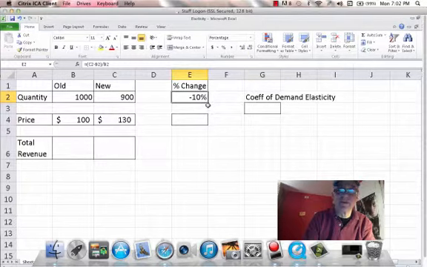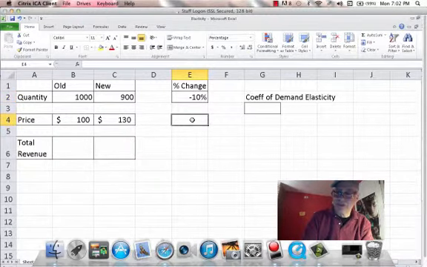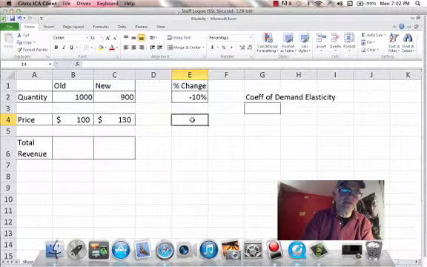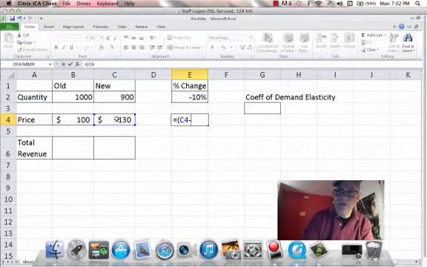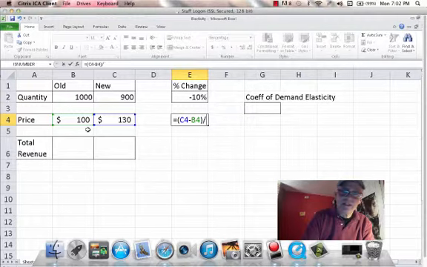Again, we're going to ignore the negatives in a second, because we just want to work with the absolute number, the whole number. And I want to find the same thing. What's the percent change in price? So I'm going to do the same thing, the new number minus the old number, divided by the old number.